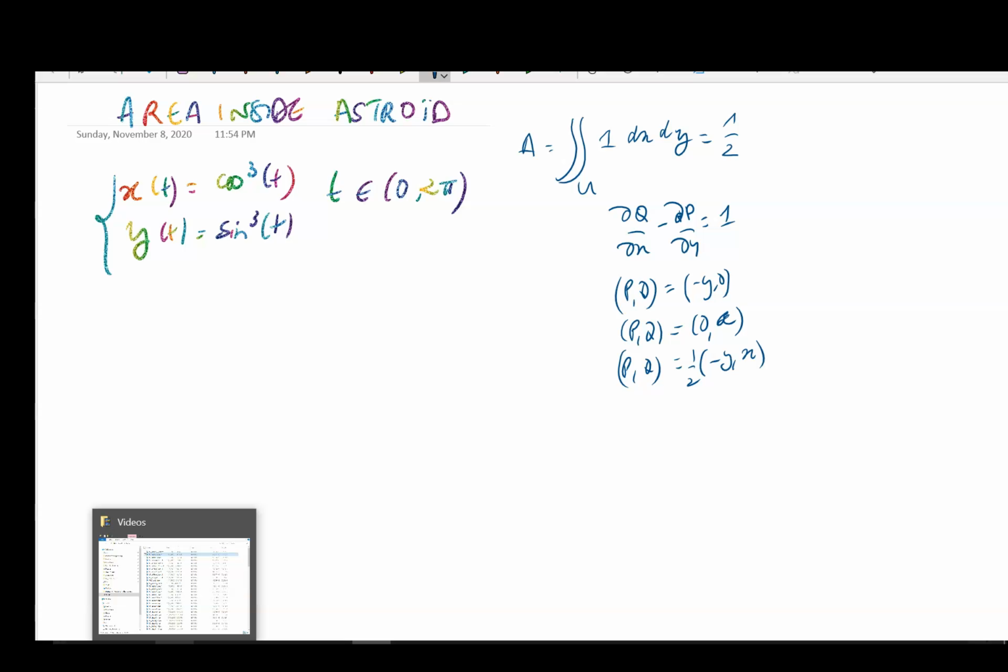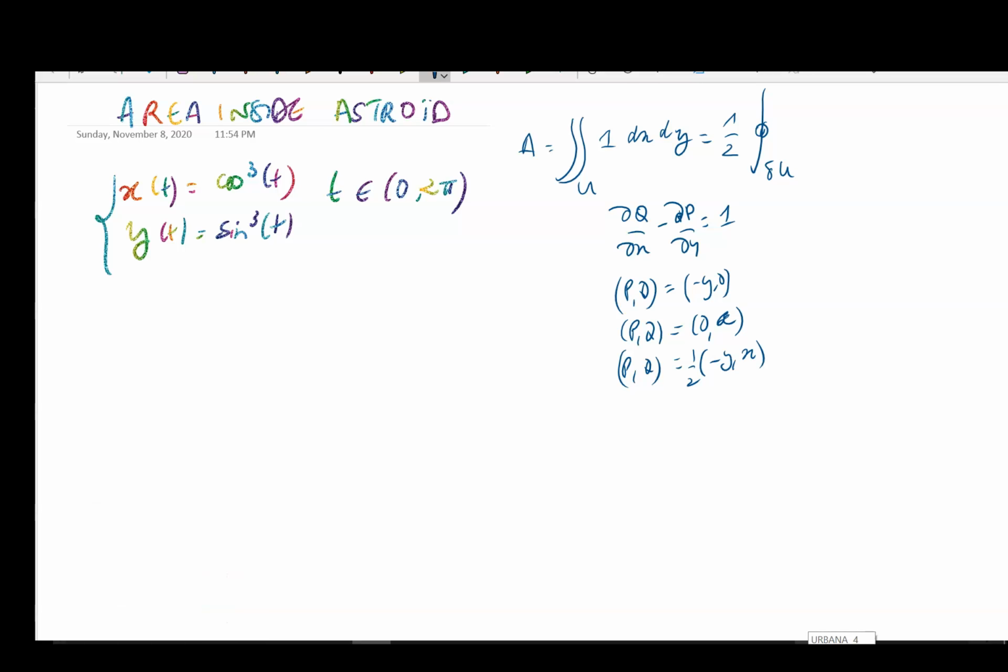Okay, so maybe that's the one we're going to choose. So that would be the line integral on the boundary of U of 1/2 of minus y dx plus x dy.